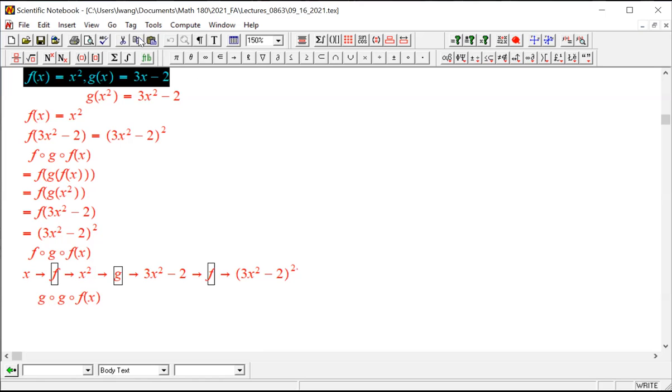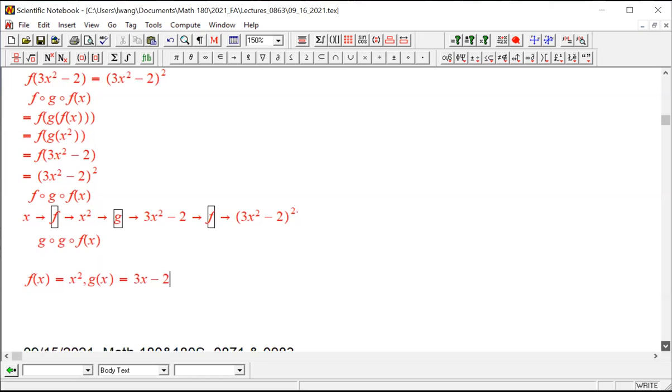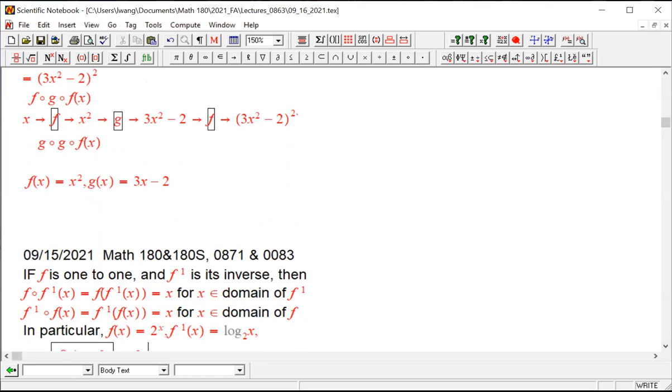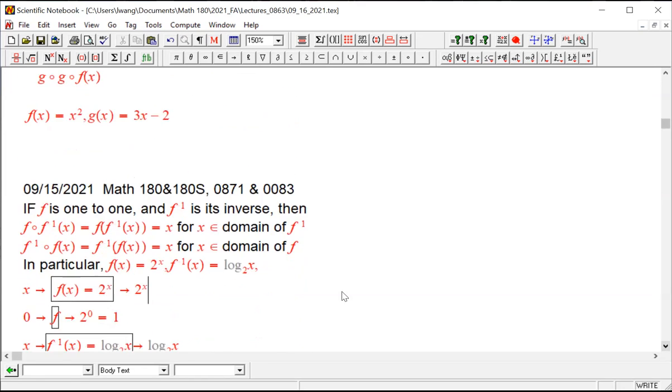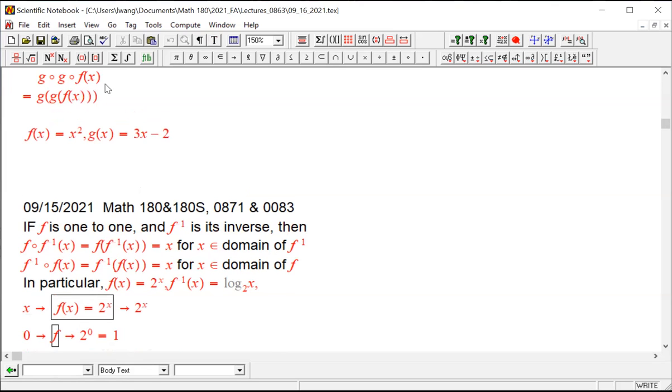And this is our f and g. So we will have g of f of x.